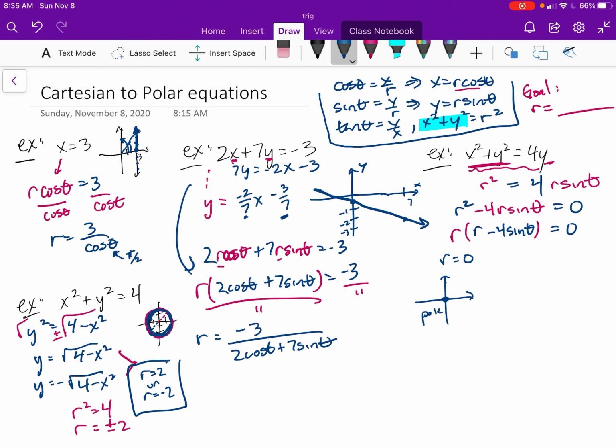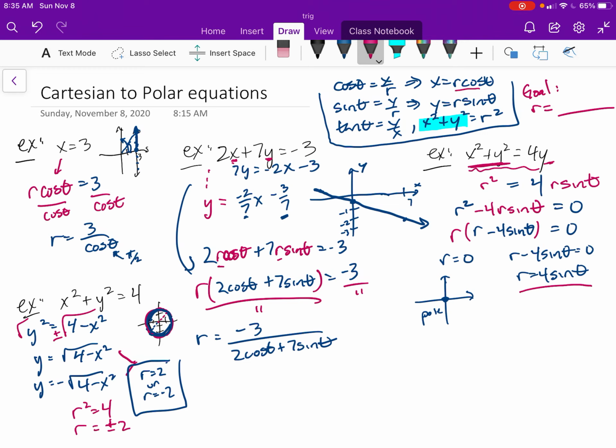So therefore, r minus 4 sine theta equals 0, and r equals 4 sine theta. Look how simple this is, and we don't even have plus or minus. I have one equation, r equals 4 sine theta, to describe that graph above. Now, graphing this, we could pick some values and see what's going on.